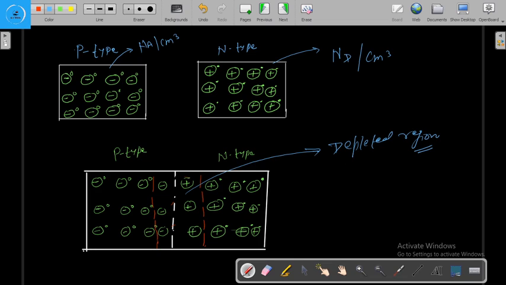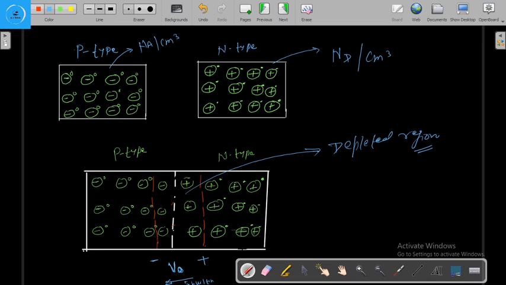Because of this, there is a positive potential here and a negative potential here, so a potential barrier, or junction potential, is developed. Due to the junction potential, a built-in electric field is developed here.